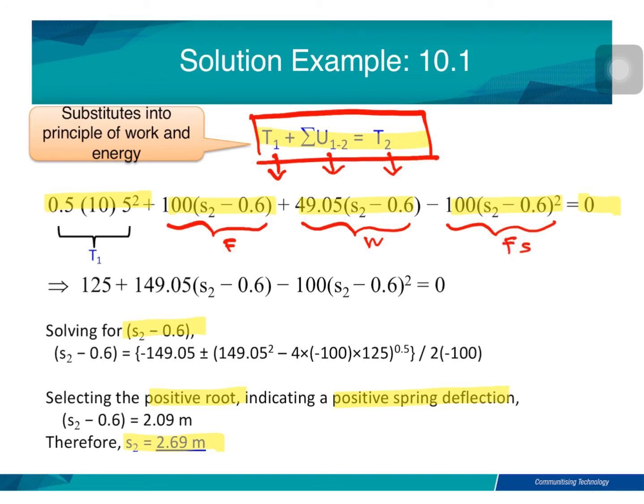Okay, so why is T2 0? Because the velocity 2 is 0 because it stopped, right? That's why we come to 0 here. So when you substitute everything here and solve, then you can solve for the S2. So you select the positive root, then you get the S2 is equal to 2.69 meter. Understand?